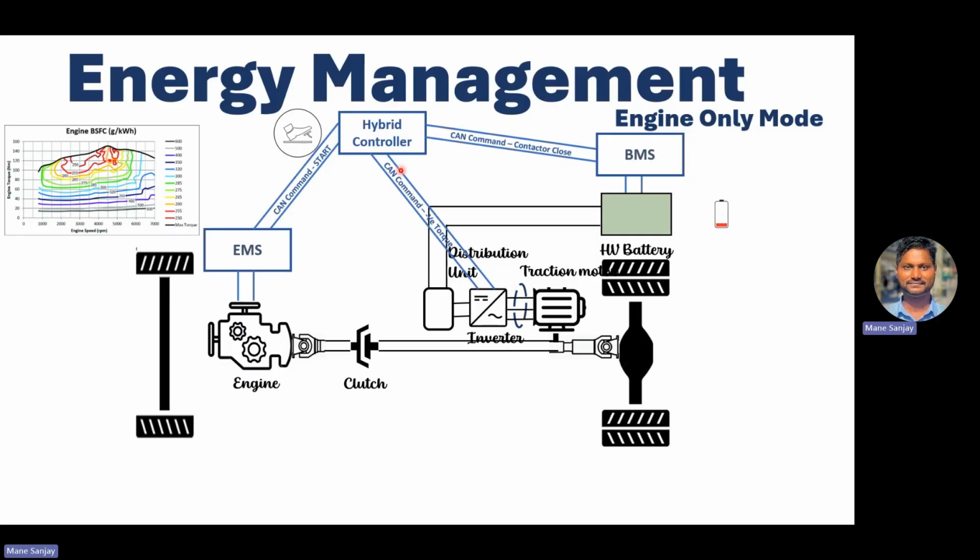So this is how this hybrid controller works, because the engine doesn't understand how much I need to command this inverter, and in that case this hybrid controller reads the map, understands the speed of the vehicle, speed of the engine, looks for the throttle position and looks for the energy required, and accordingly it splits the power from this engine as well as this BMS.